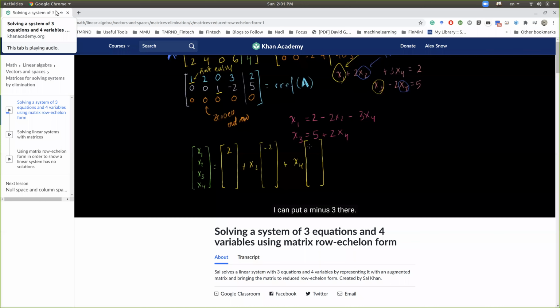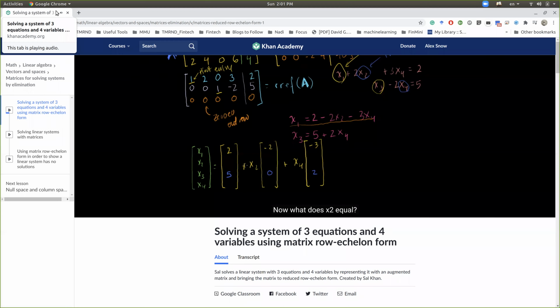So I can put a minus 3 there. These first entries of these vectors just literally represent that equation right there. x1 is equal to 2 plus x2 times minus 2 plus x4 times minus 3. Now what does x3 equal? x3 is equal to 5, put that 5 right there, plus x4 times 2. x2 doesn't apply to it, so we can just put a 0. 0 times x2 plus 2 times x4.